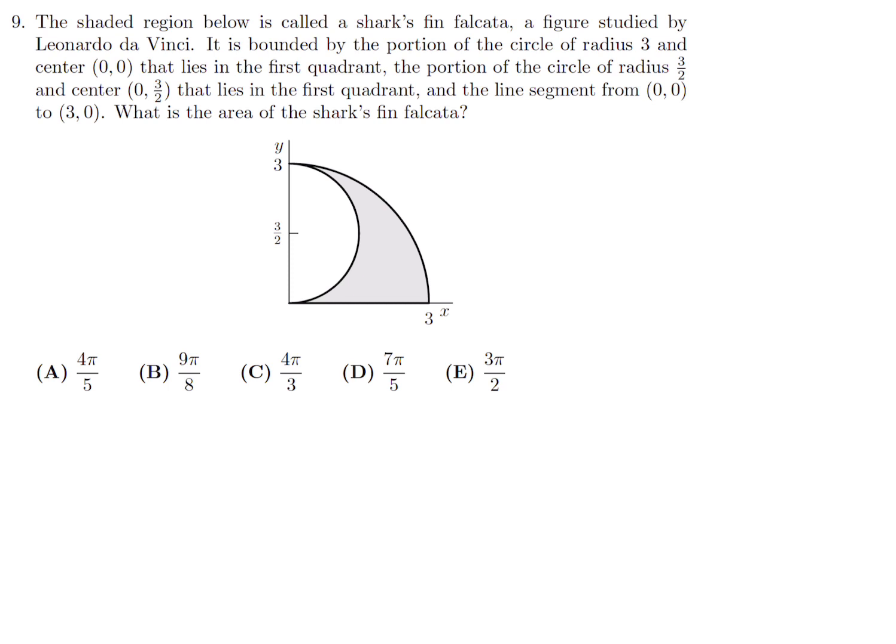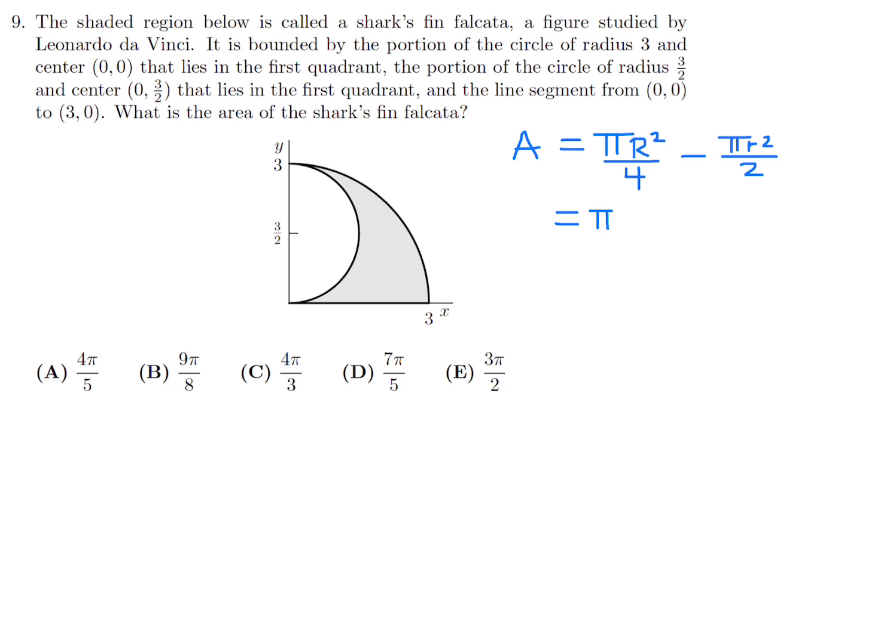What is the area of shark's fin falcata? The area will be pi r squared divided by 4, which would be essentially a quarter circle, minus pi small r squared divided by 2, which is the area of a semicircle. And that's it.